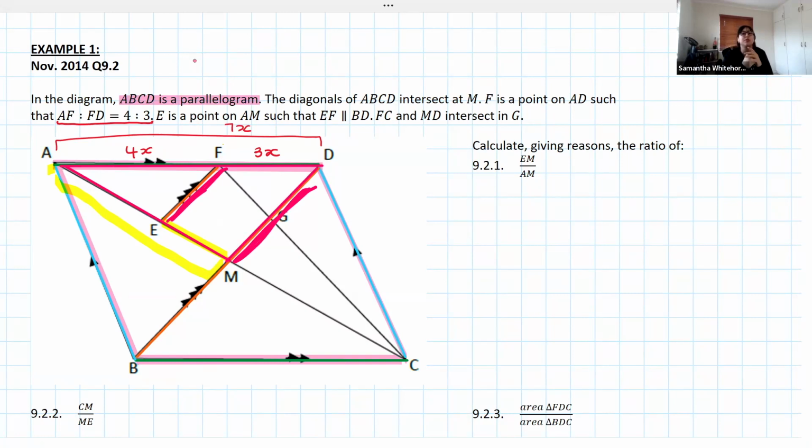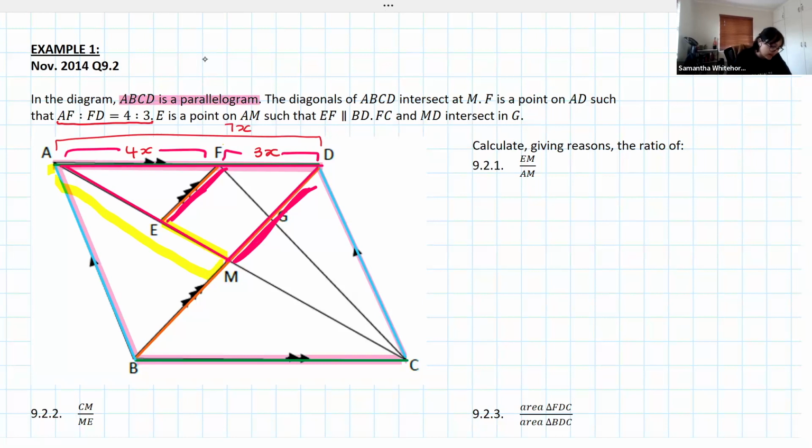So remember, proportion theorem states that when a line is drawn parallel to one side of my triangle, it cuts the other two sides in proportion. So we know that EF is that parallel line drawn. It's parallel to one side of my triangle, MD or DM, whatever you want. And so it's cutting my sides in proportion. That's great, because if you have a look, we have a proportion for AF and FD, which means we can now use that to work out what the ratio of EM over AM is.